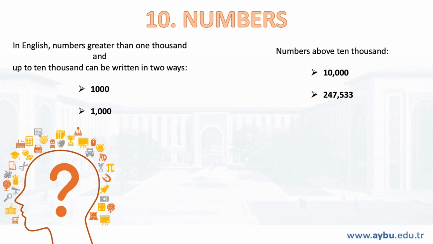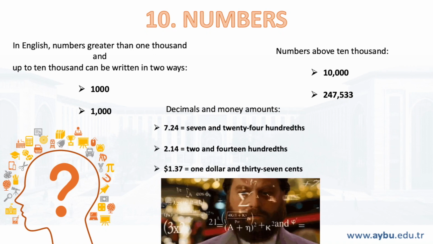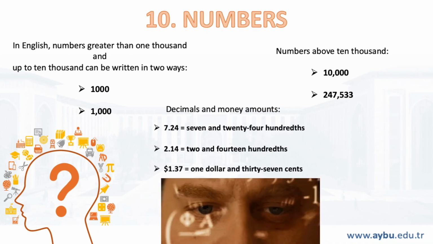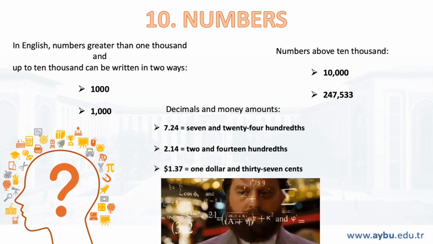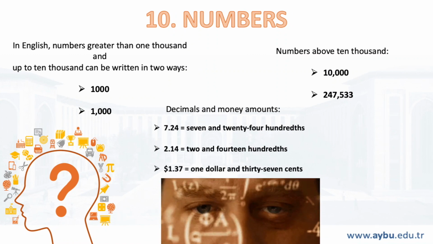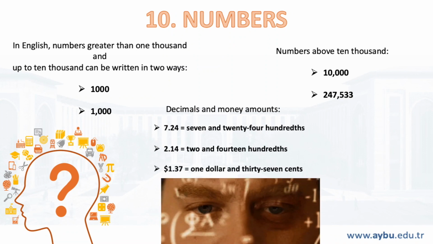You should use a comma if you're using numbers above 10,000. Decimals and money amounts can be written by using a period in the following way, like this. 7.24, 2.14, $1.37. So you should use a full stop, a period, to write those numbers.